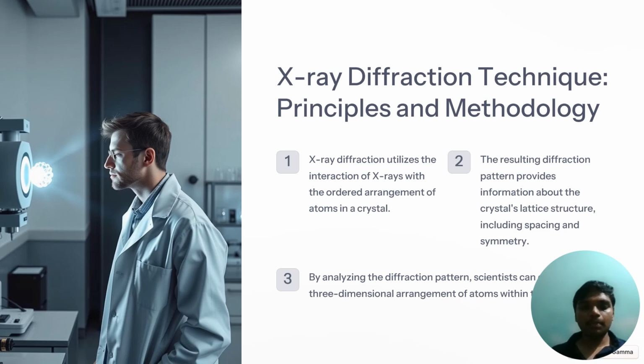How X-ray crystallography works. X-ray crystallography begins with a few key steps. First one, crystal formation. To use X-ray crystallography, we first need a high quality crystal of the material in question. Crystals are materials in which atoms or molecules are arranged in a regular repeating pattern.